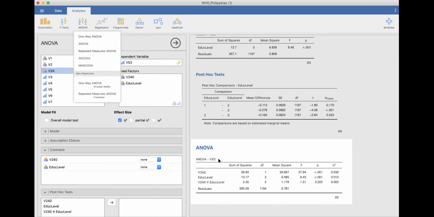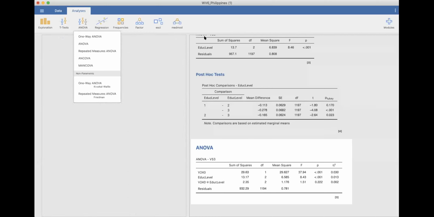So 1,200 minus 3 groups is 1197, if it's just education level. The reason it is 1194 is because this is two-way ANOVA, so you subtract the number of groups of each variable. For one-way, it's just the number of groups of that one variable.